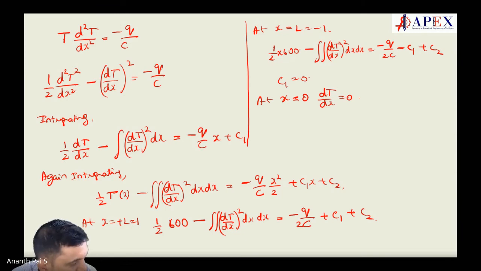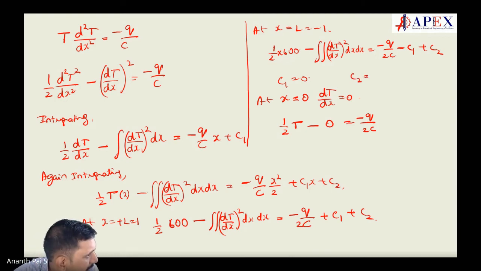So now what you will have? You will have dT by dx is equal to 0. So what will you get? Half T dT by dx is equal to 0. This is 0. Then this is equal to minus q by 2c. What is c2? C2 value, what is it?